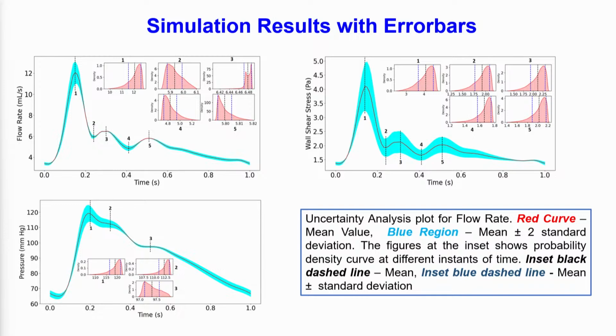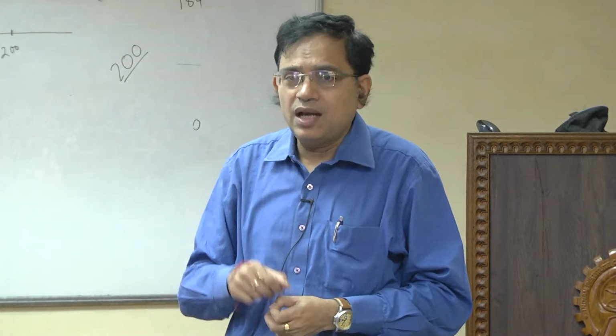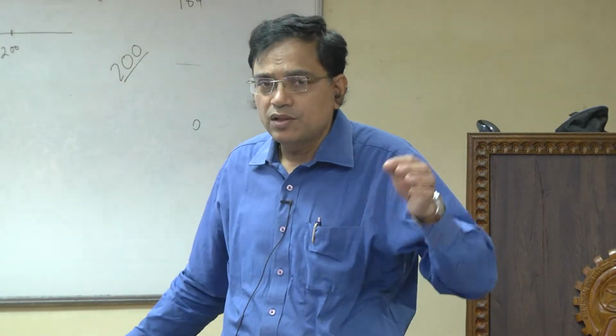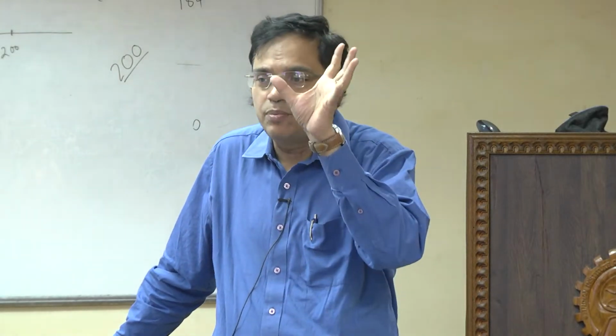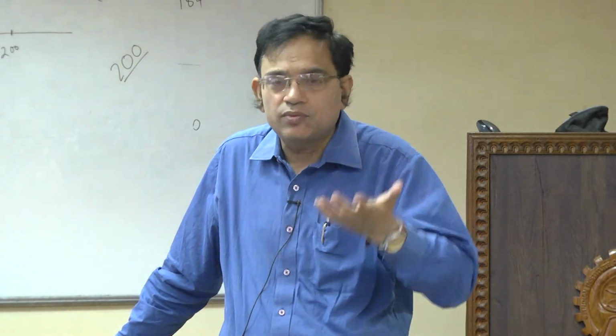So, if you give this graph to a doctor for flow, wall shear stress or pressure, the doctor will know that this particular answer is something, but it could be minimum this and maximum this, and that is good enough for a doctor, because for a doctor in most cases, unlike engineering or physics, the exact decimal value is not important. It is just a broad range on the basis of which the doctor will treat.